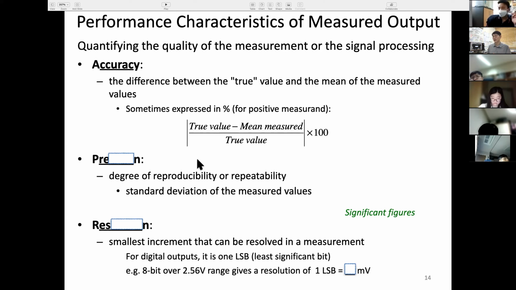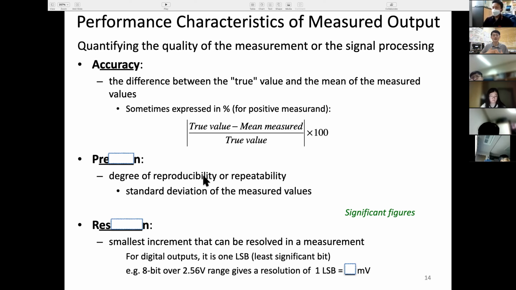Another aspect of the quality of your signal is reproducibility or repeatability. Whenever you perform an experiment, you get the numbers, but you cannot publish them.